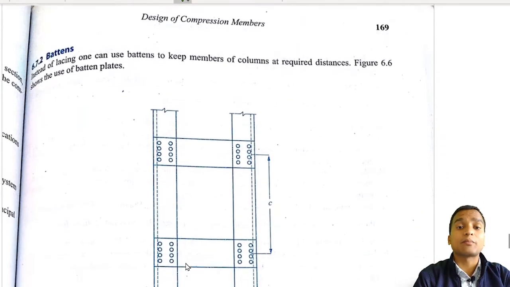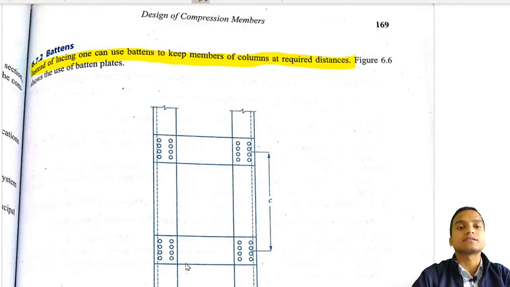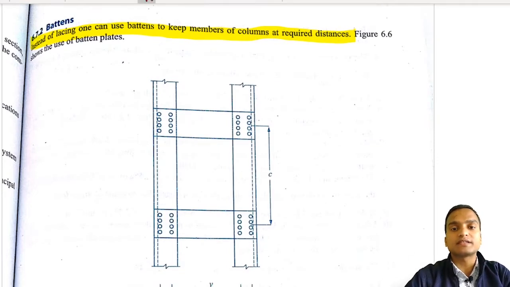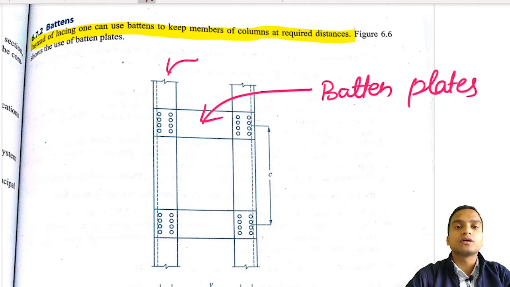Whereas in case of battens, instead of lacing one can also use battens to keep the members of the column at the required distance. Here in this figure it shows the use of batten plates. These plates are called batten plates, and their purpose is to keep the main members of the column at a certain distance D here.